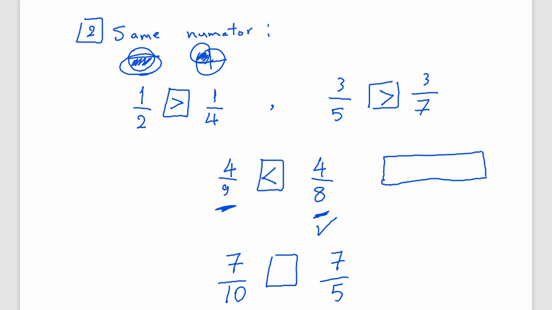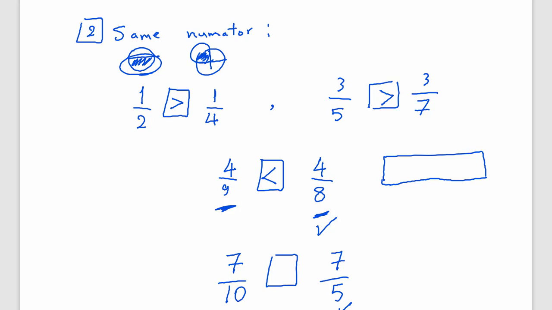The size of each one part is bigger in 1/10 or 1/5? 1/10, the part is bigger. If you break the bar of chocolate into 10 parts, you get bigger parts. No. You will get bigger parts when you break it into 5 parts. So which one has bigger size, the 7/10 or the 7/5?